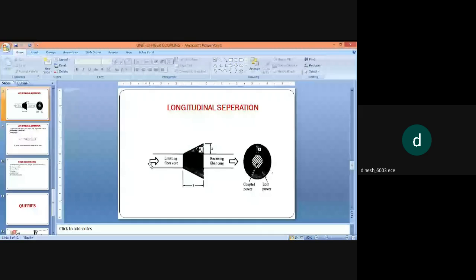The gap between these two is your S. Due to this, the optical signal transmitted from fiber 1 to fiber 2 will propagate beyond the receiving core. So this is lost. The distance x is the distance from the fiber core. That power is lost, and the remaining power is coupled.